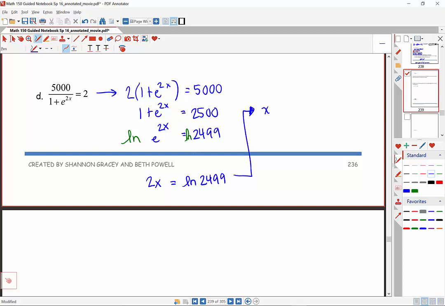And dividing by 2, we get x is equal to 1/2 times natural log of 2499. And with this one, a good exact answer, using properties of logs, would be the natural log of the square root of 2499.